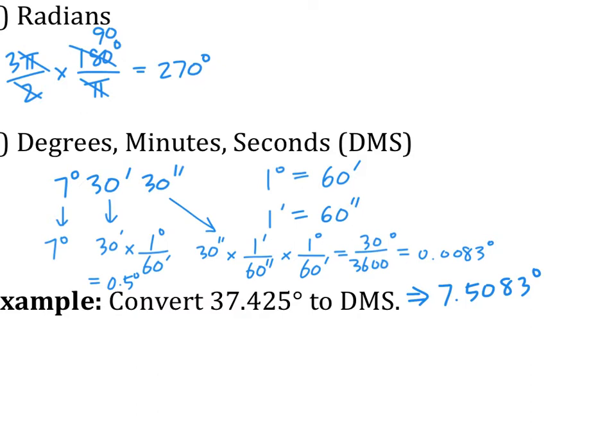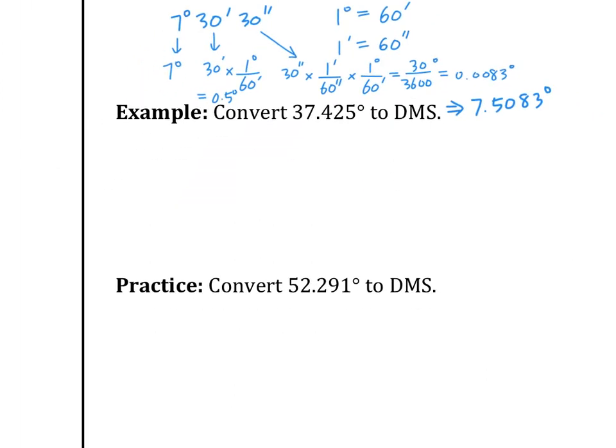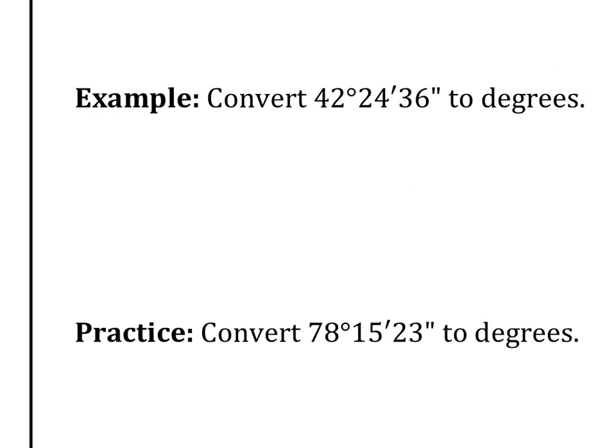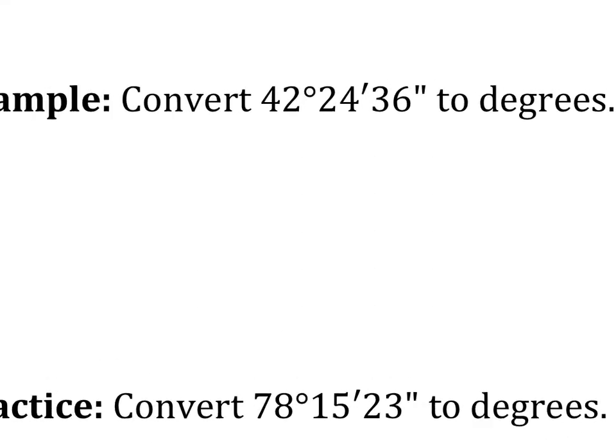Okay, all right, let's try an example. Second to last from the bottom, 42 degrees, 24 minutes, 36 seconds. We need to convert it all to degrees. 42 degrees just remains 42 degrees. 24 minutes, what do I have to multiply to get it into degrees?